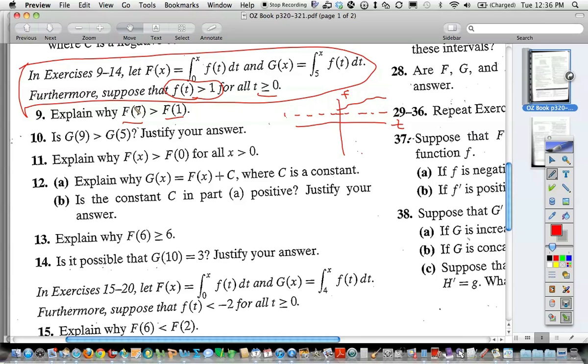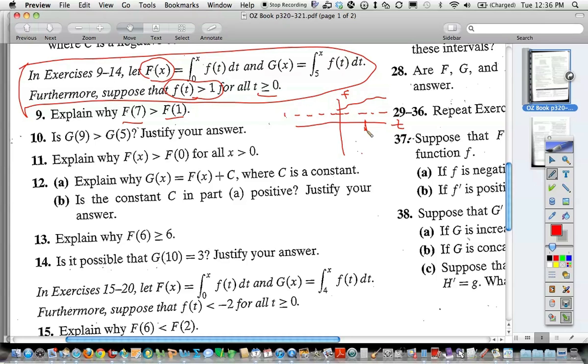But when I put a 7 right here, or a 1 right here, I'm putting them into the big F, and so that's going in for x. Those aren't t values now, those are x values. But how do they relate to each other? But they are the same, you're right. In other words, when we say a 7 right here, we're talking about the area from 0 to x, because that would be like this being an x, right, which is on the t-axis.